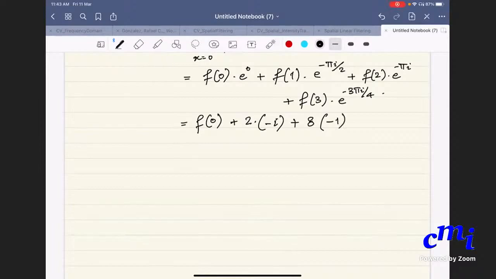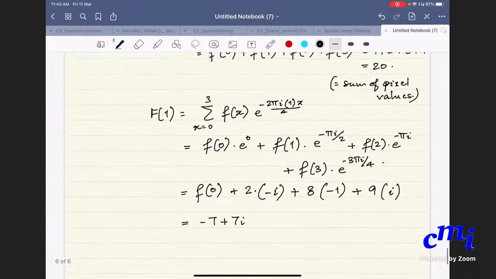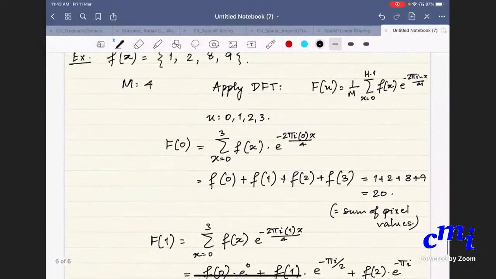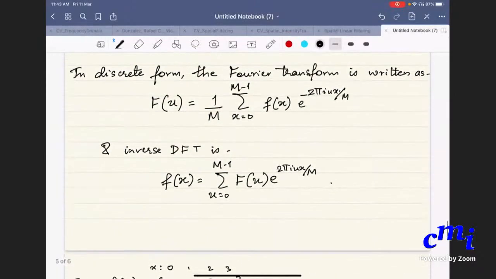Just use the cos and sine form of this. Plus 9 times e raised to minus 3 pi i by 2, that comes out to i. So this will be minus 7 plus 7i, which is a complex number, and that is what we are expecting, because these kinds of terms tell us that capital F is going to be a complex number.